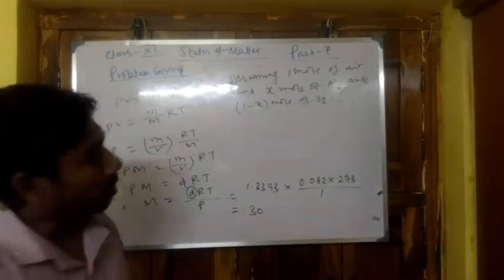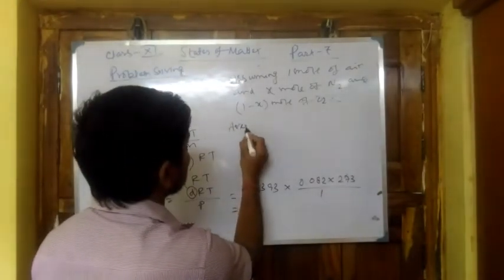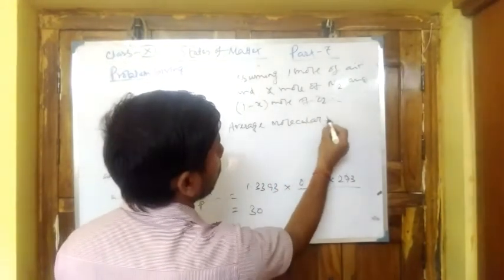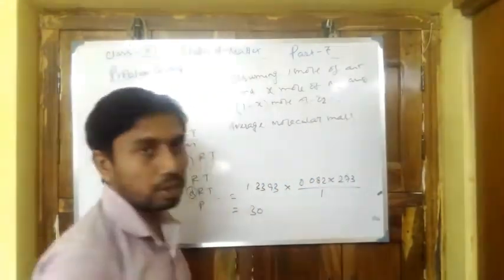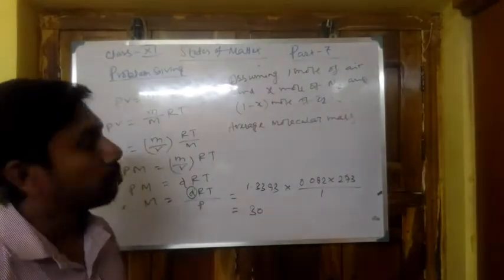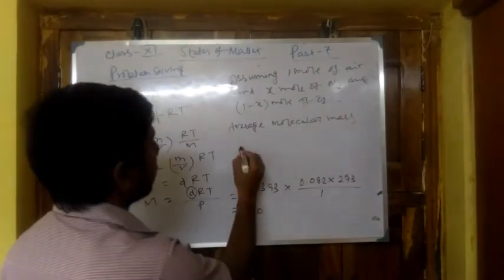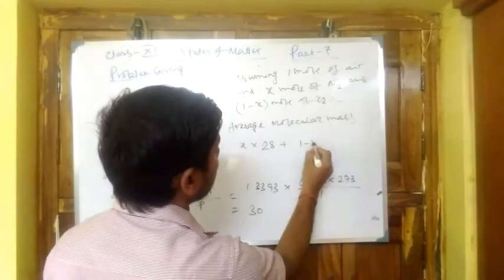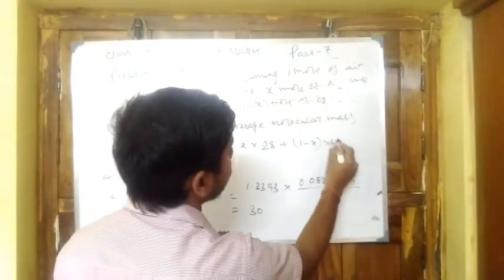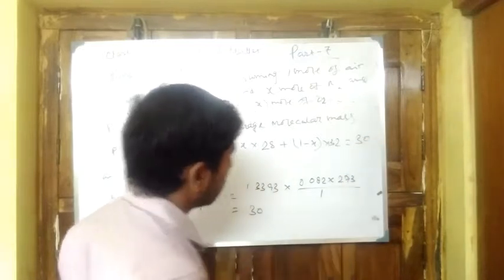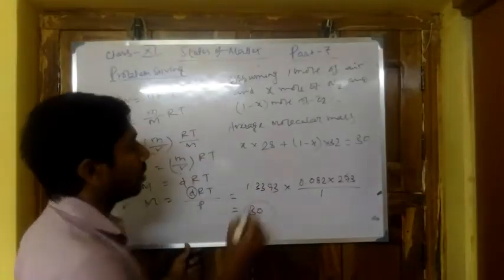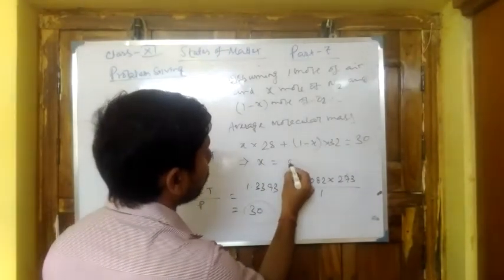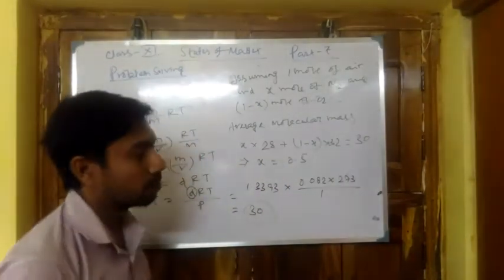Now average molecular mass will be equal to the mass from both, that is x into 28 plus 1 minus x into 32, that is equal to 30, which is given here. Now from this we calculate x, and x will be equal to 0.5.